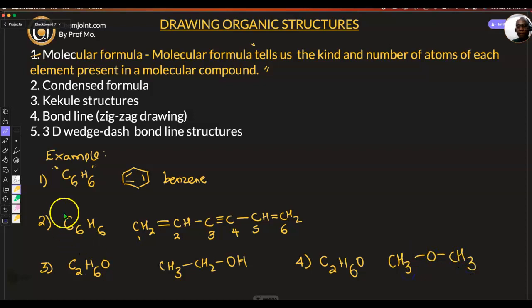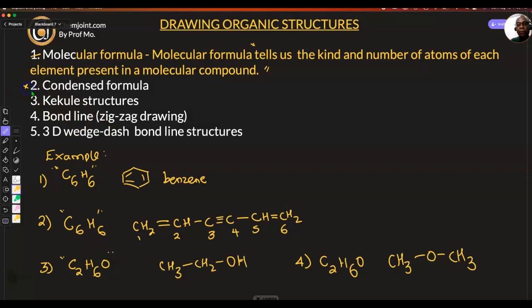So you see, you could have molecular formulas that translate to different connectivity of atoms. Okay, so that is the molecular formula. It only tells you the number of elements in a compound.